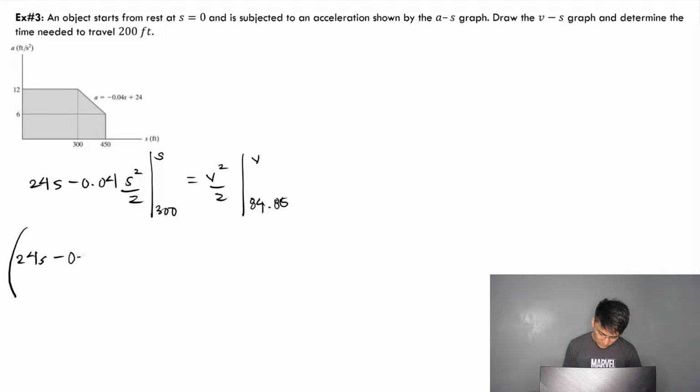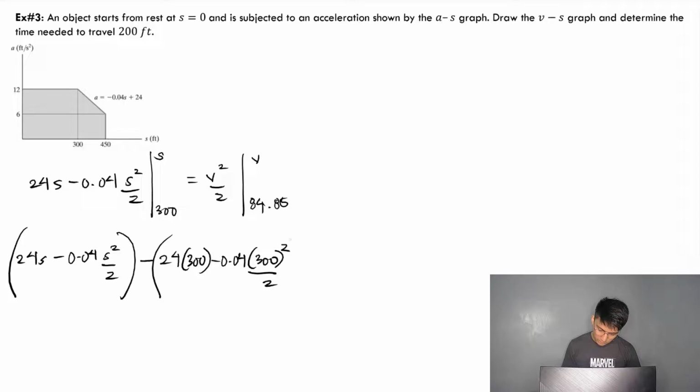Okay, and then substituting the values, we have 24S minus 0.04 S squared over 2, minus 300: 24 times 300, minus 0.04, this is 300 squared over 2, is equal to V squared over 2 minus 84.85 squared over 2.